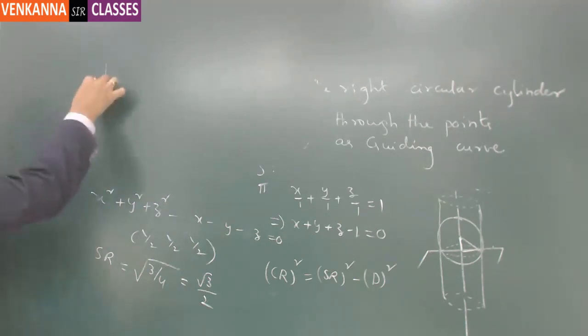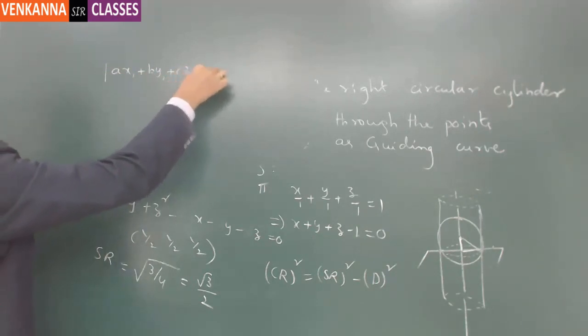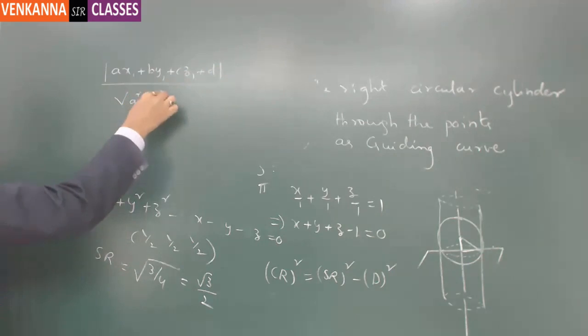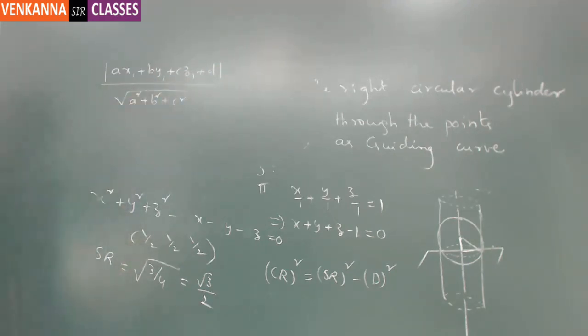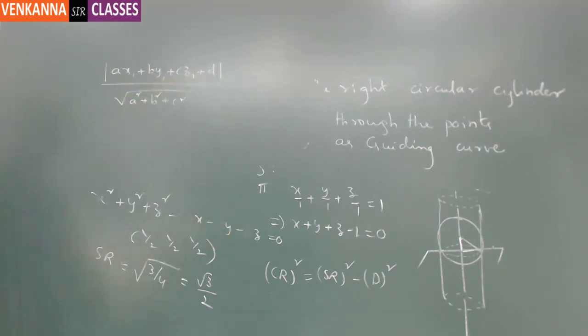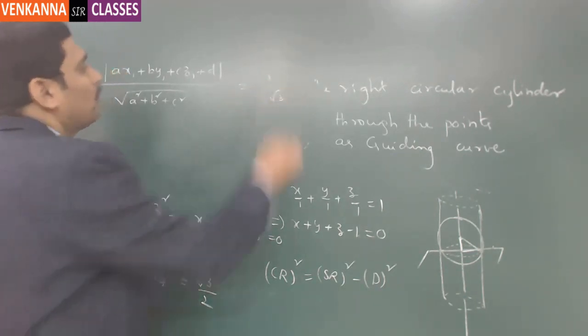Now if you apply the distance here, the distance is modulus of ax1 plus by1 plus cz1 plus d by square root of a square plus b square plus c square. So here a, b, c, d values are taken from the plane. x1, y1, z1 is nothing but the center. So if you substitute the values there, you are going to get the distance value as maybe 1 by 2 root 3.